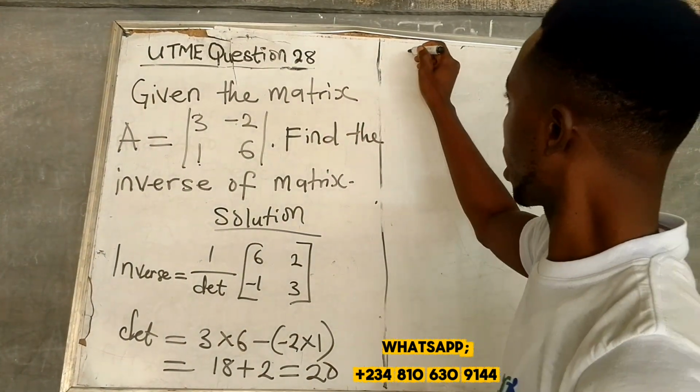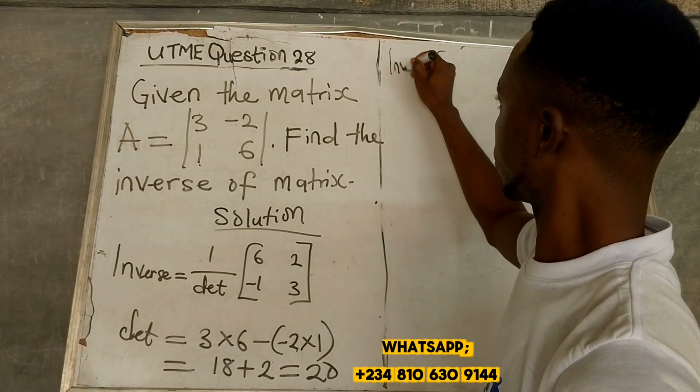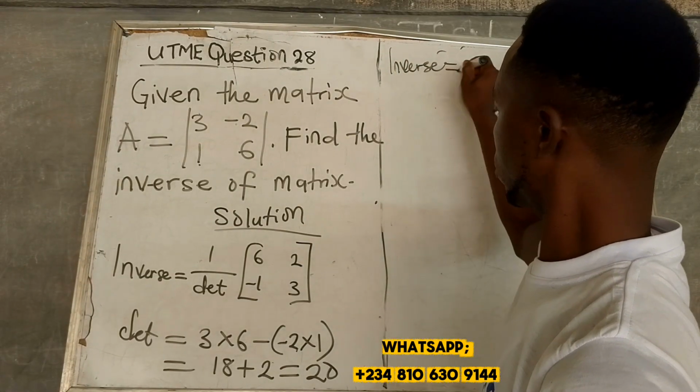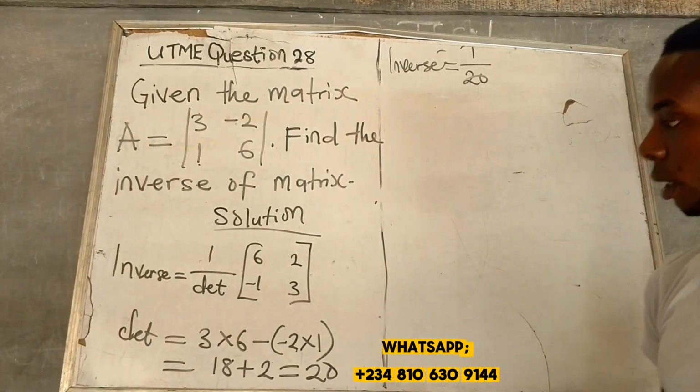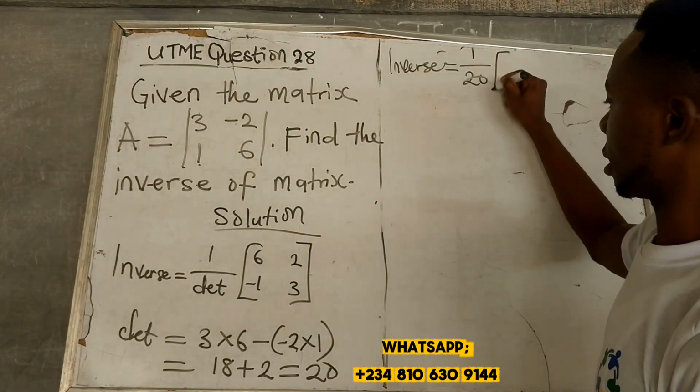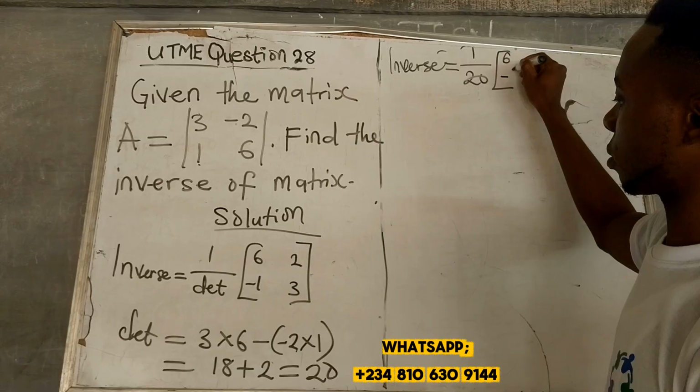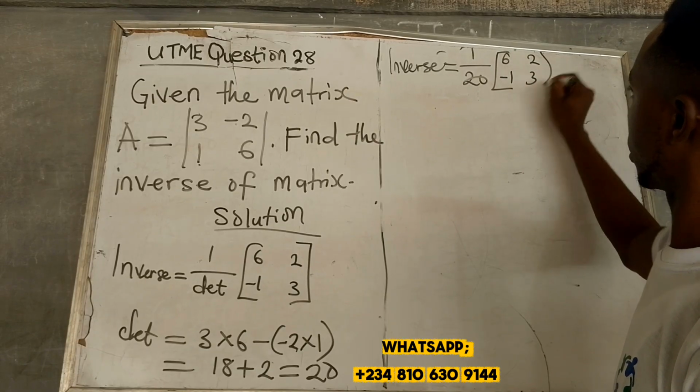We have 1. The inverse now will be equal to 1 over 20 because we found it here, multiplied by this matrix: 6, minus 1, 2, and then 3.